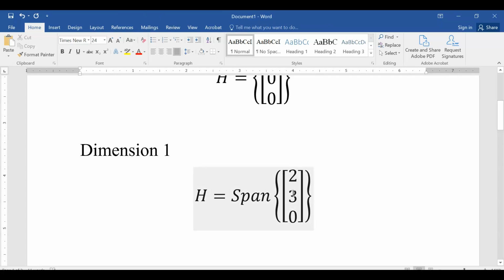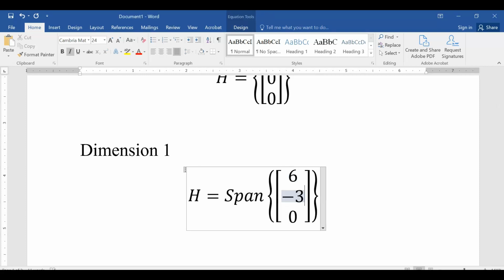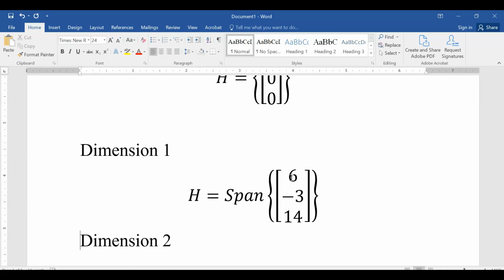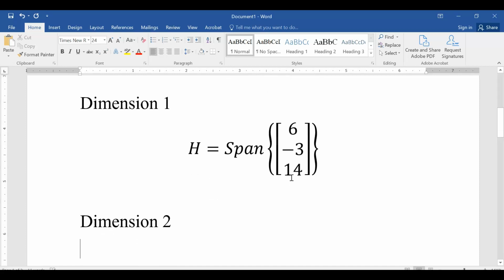So this (2, 3, 0) forms a basis for H, and therefore we have one element in a basis, so the dimension has to be 1. All right, now you could have chosen any vector you wanted other than obviously the 0 vector, because the 0 vector doesn't make any sense to put as a span. So whatever vector you want, the span of that single vector is how I make a dimension 1 subspace of R3.